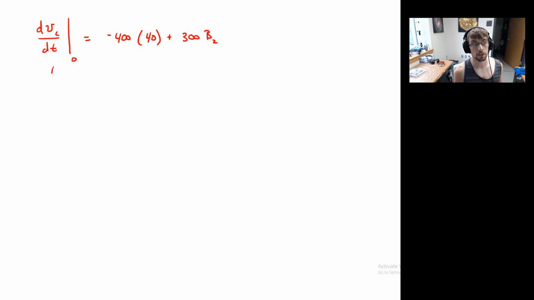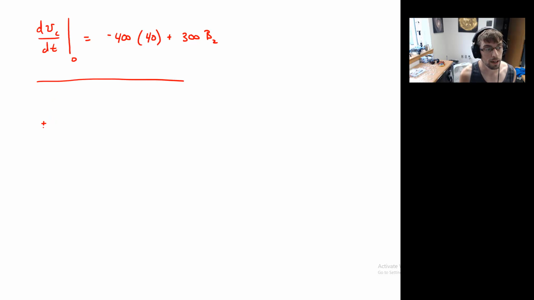Based on our initial conditions, we've got to figure out what we should write down for the change in the potential as a function of time. So we have to figure out a value for dVc dt, and then we're done. But we can get that from the initial conditions.